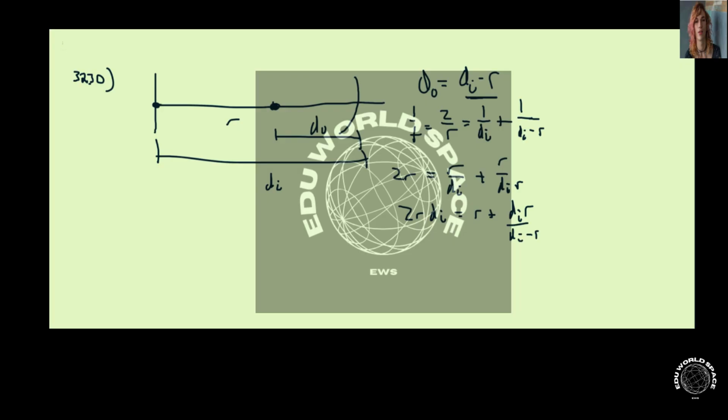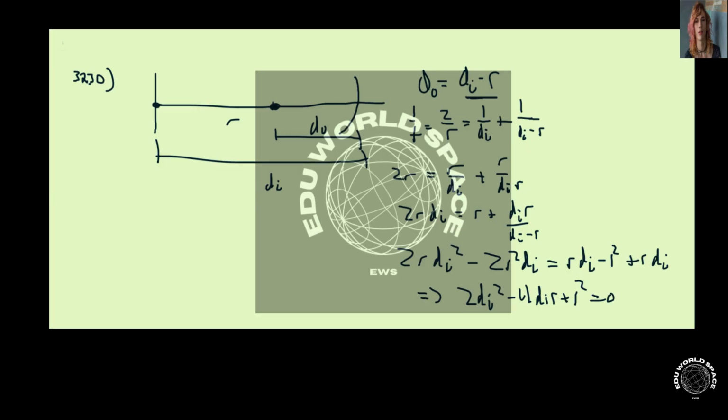And now we can multiply everything by that, and we should be left with 2r di squared minus 2r squared di equals r di minus r squared plus r di. If we simplify this, we should see 2 di squared minus 4 di r plus r squared equals 0.